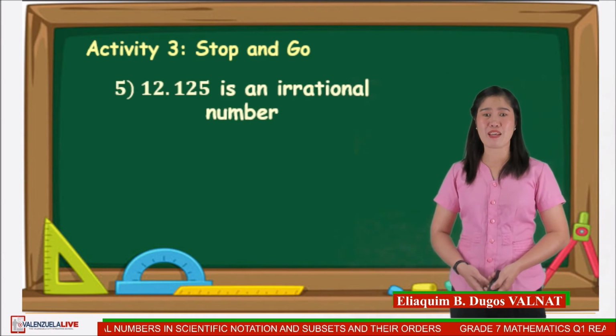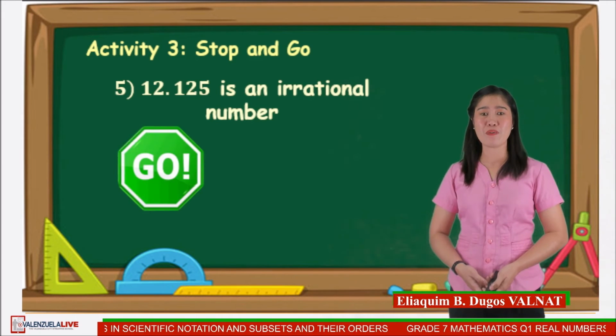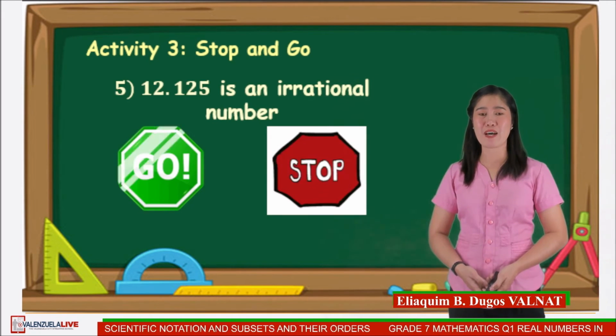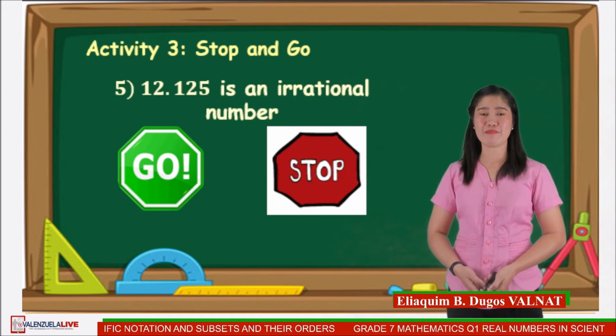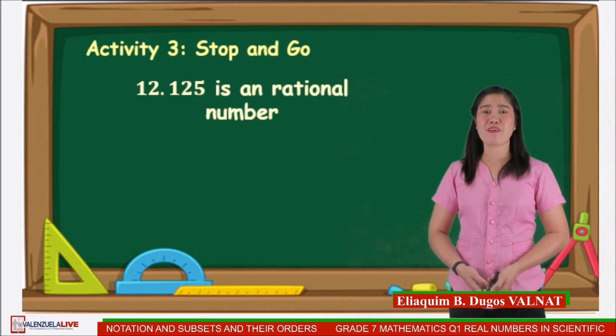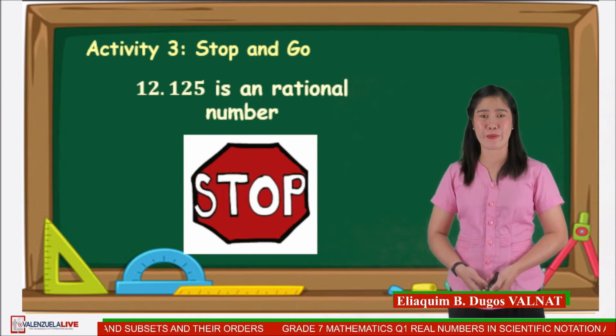For the last statement: 12.125 is an irrational number. Is it go or stop? Comment now. The correct answer is stop. 12.125 is a rational number.